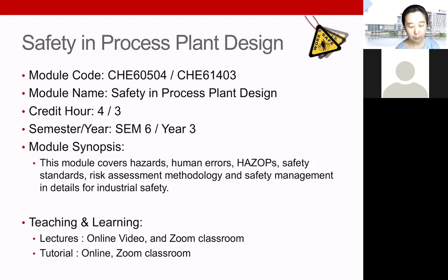They are very different. This semester we won't have any face-to-face in-campus classes for this module. So lectures and tutorials are all online. We're going to have a mixture of Zoom classes and pre-recorded videos.